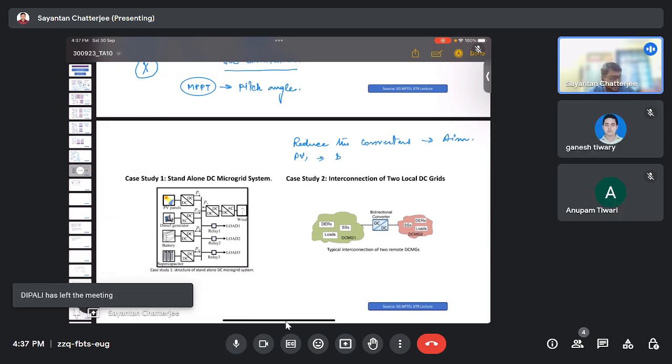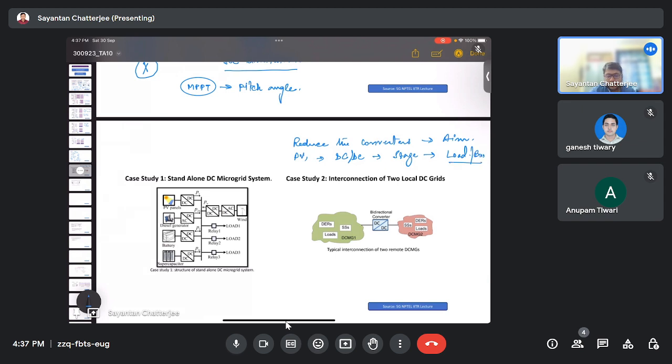We just need to use a DC-DC converter stage, because if the load bus is DC, there is no need to convert again from DC to AC and then feed the grid side. So the converter stages get reduced. For the PV panels, only one DC-DC converter is being used.